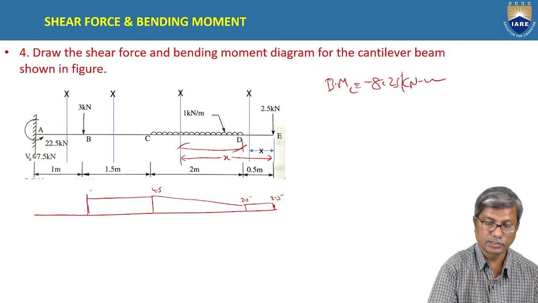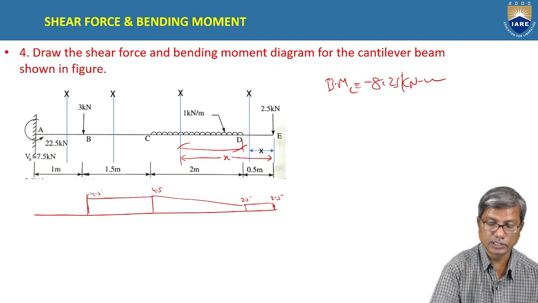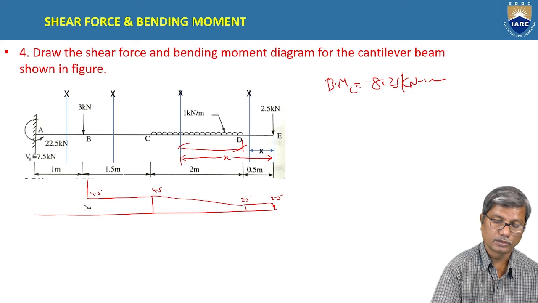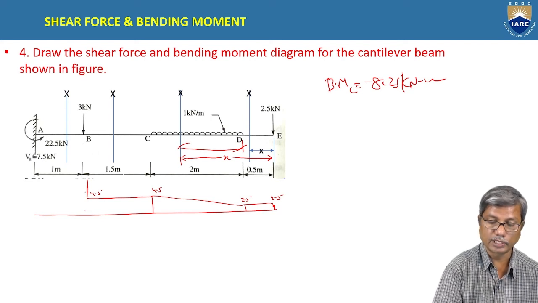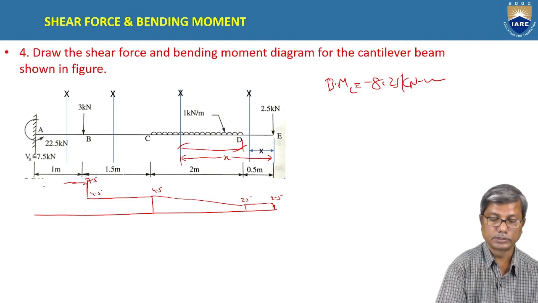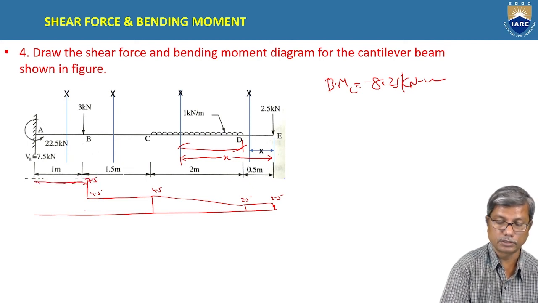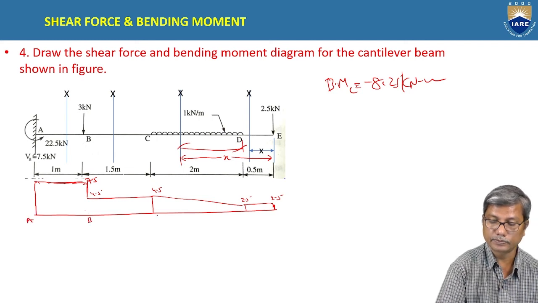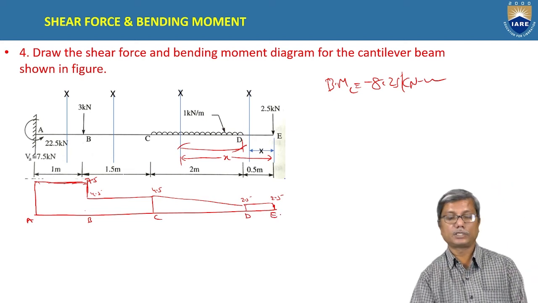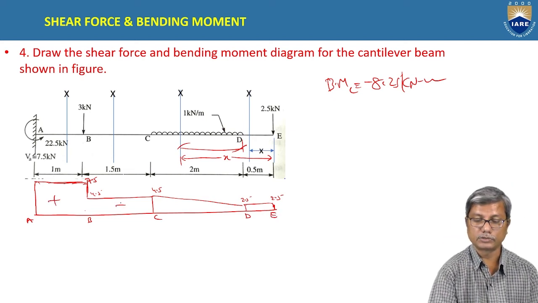And there is again an increase in the shear force by 3. So it becomes 7.5, which remains constant between A and B. This is the shear force diagram. This is positive shear force.